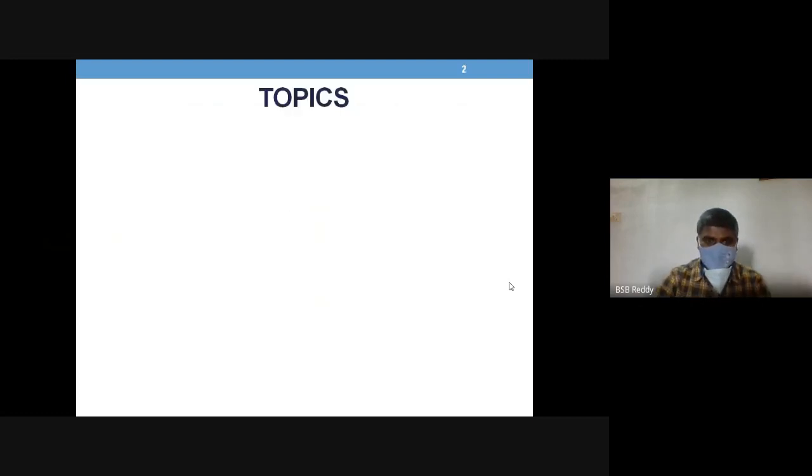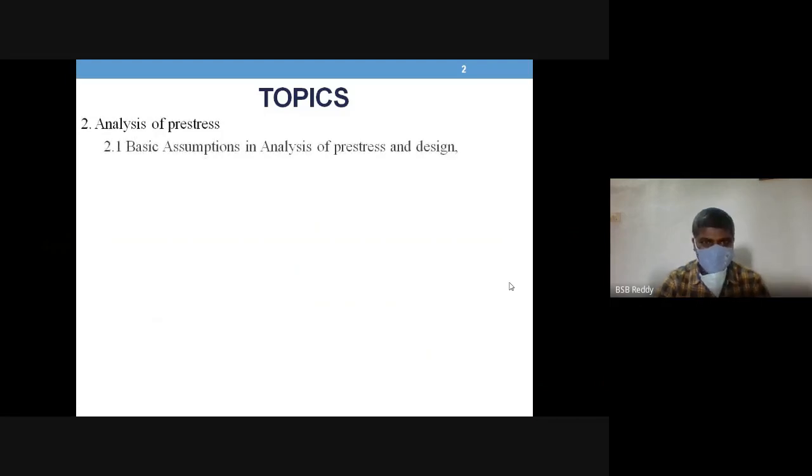Okay, so let us see what topics you have in this analysis of pre-stress. We'll first talk about basic assumptions. Then we will see how to calculate the stress at a section in a pre-stressed concrete section, and the resultant of that stress, because you will have different types of stresses at a section.